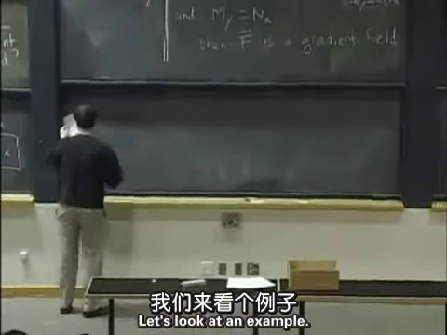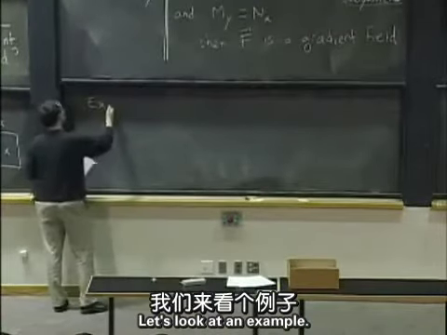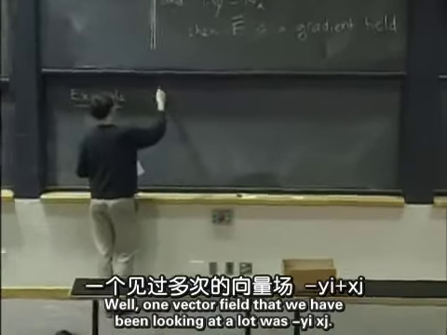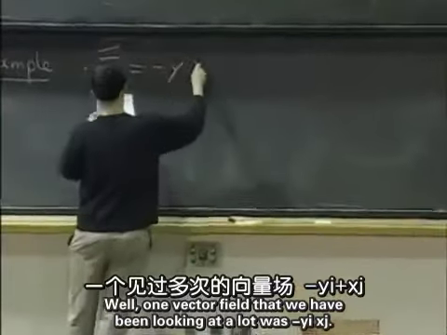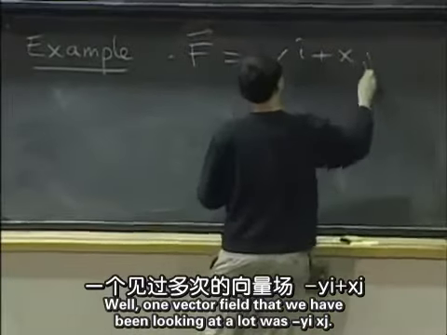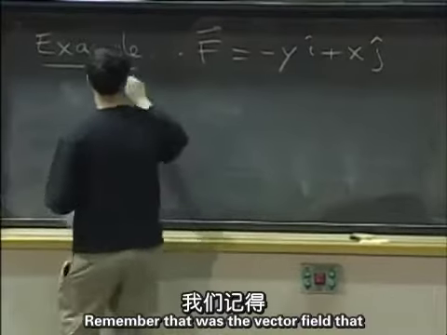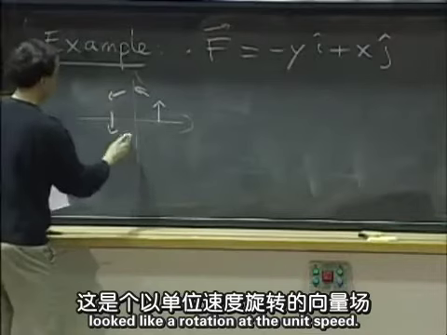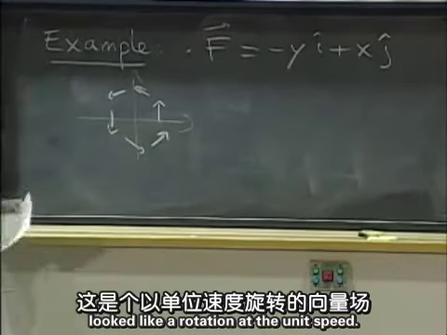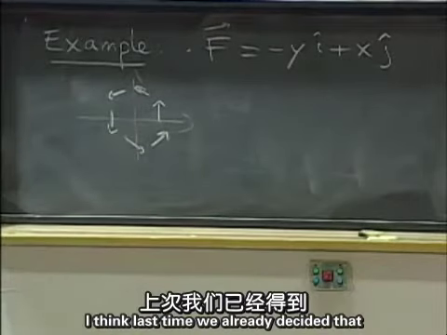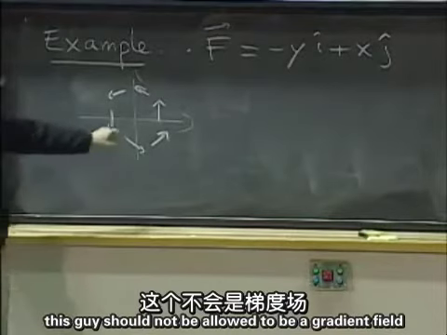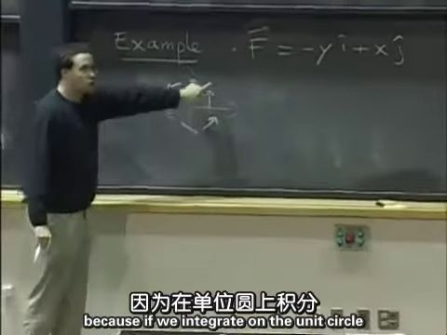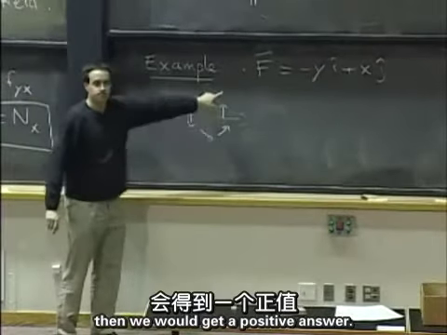Okay, so let's look at an example. One vector field that we've been looking at a lot was minus y i plus x j. Remember, that was the vector field that looked like rotation at unit speed. I think last time we already decided that this should not be a gradient field and should not be conservative, because if we integrate on the unit circle, then we'll get a positive answer.